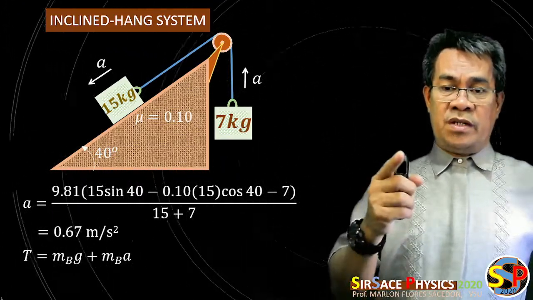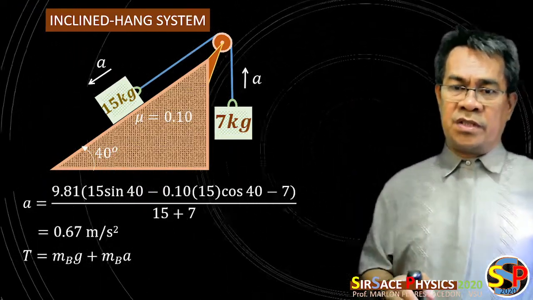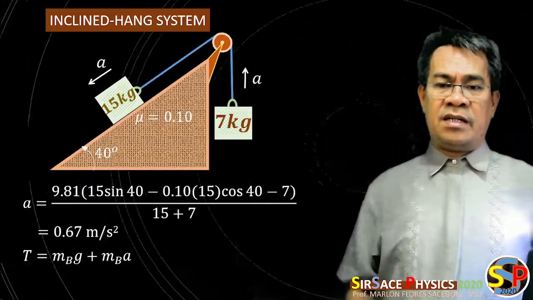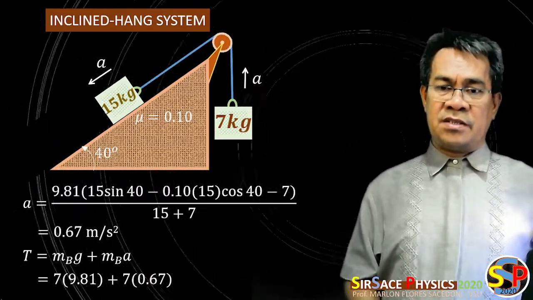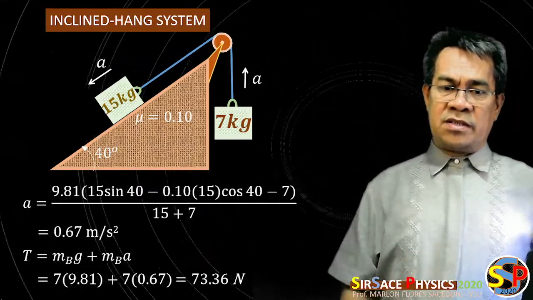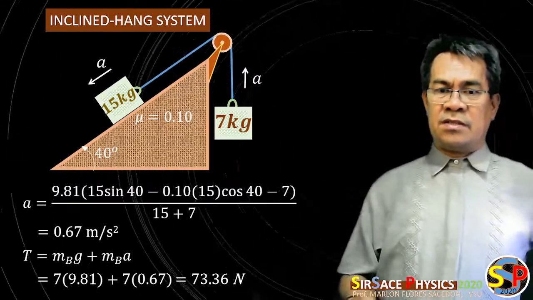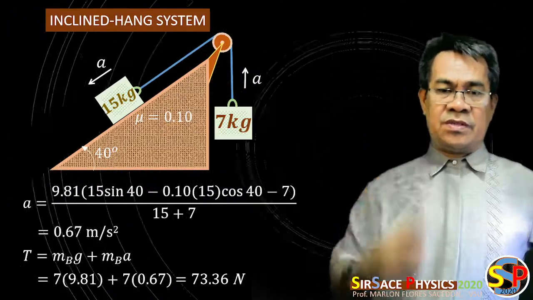So that's why we have the plus sign. The tension can be computed using m_B g plus m_B a. Substituting the values using our result of 0.67 for a, the result is 73.36 newtons. These are the answers to the problem.